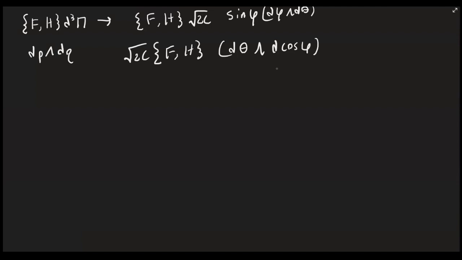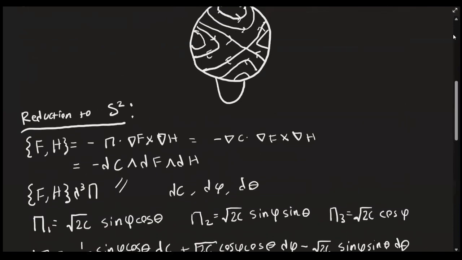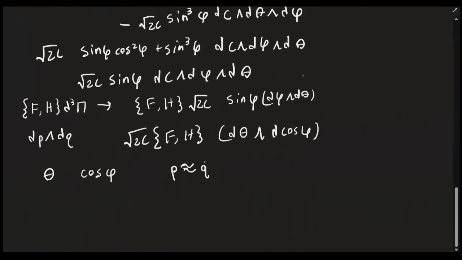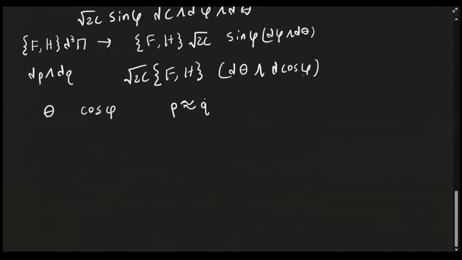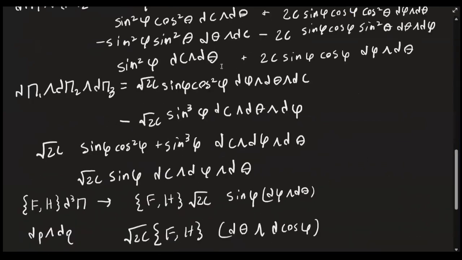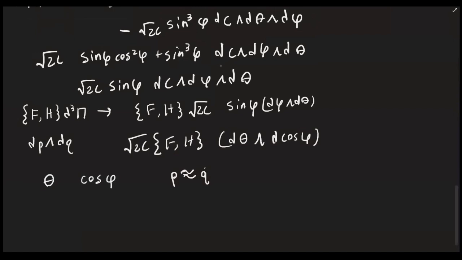And our canonical position and momentum pair, instead of a position and a momentum, you have this conjugate pair. And take care, because on the sphere, sometimes you can get away with saying something like p is proportional to q dot in normal Hamiltonian mechanics, but you're not really able to make such an easy identification because it's on a sphere. But yeah, okay.